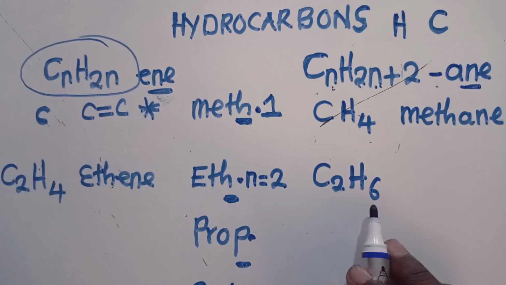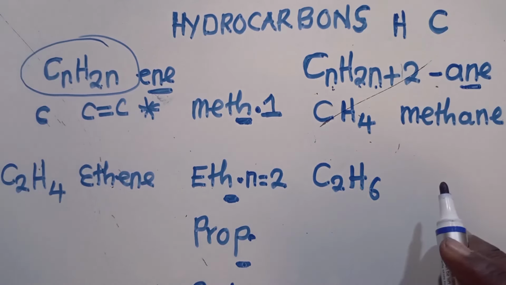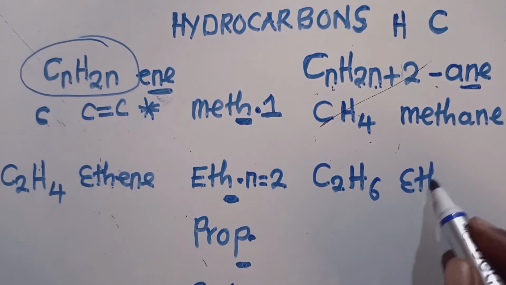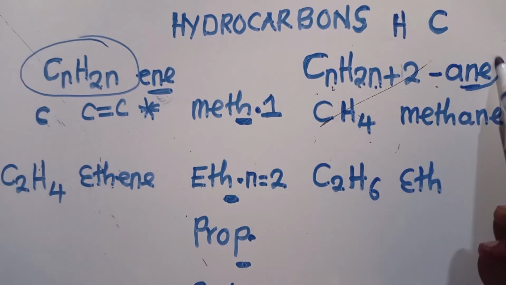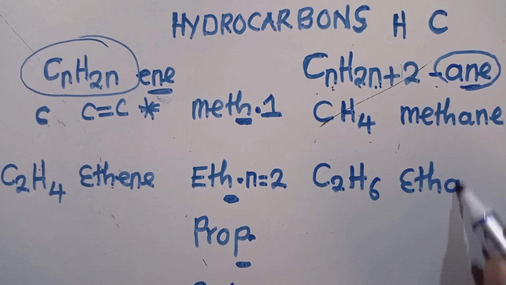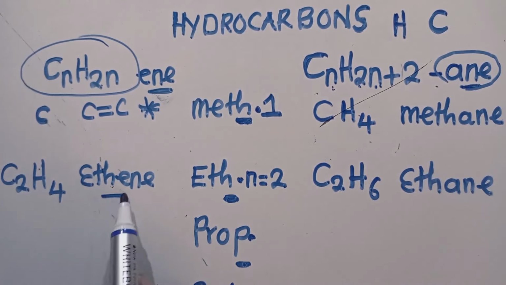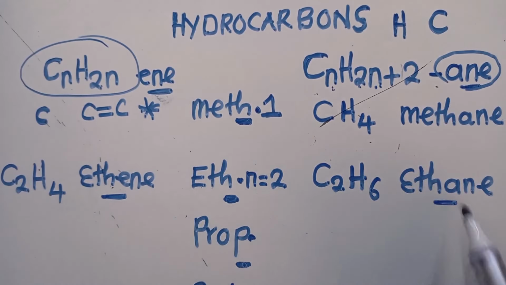This is the chemical formula. What is the name then? It ends with -ane. It becomes ethane. So this is ethene and this is ethane. These are two different families that fall under the homologous series.